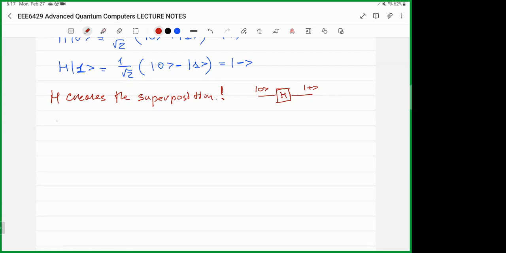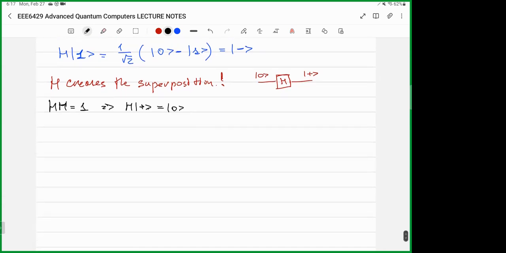So the double action of the Hadamard gate on a state gives you the identity. So the action, for example, of the Hadamard gate on a state plus returns you 0. So the Hadamard gate not only creates the superposition, but also takes a superposition and returns the state either 0 or 1 in this basis.